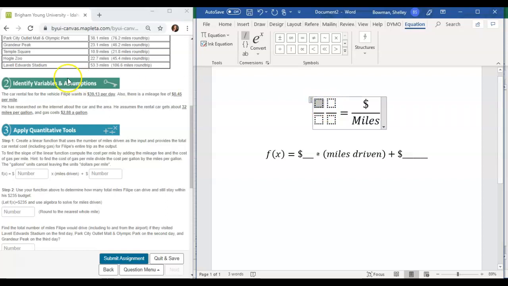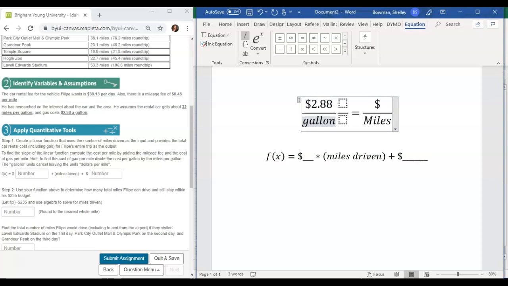So we were given $2.88 a gallon. So I'm going to start with my $2.88 on the top per 1 gallon on the bottom. Then I multiply this by a conversion factor, and I go to the next one, which was 32 miles per gallon. So that's the unit conversion. I have 32 miles for every 1 gallon.